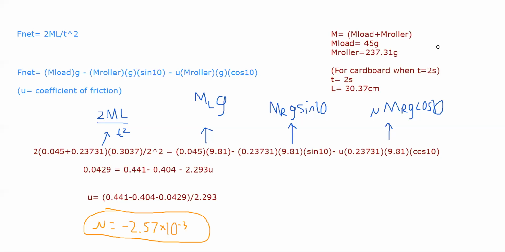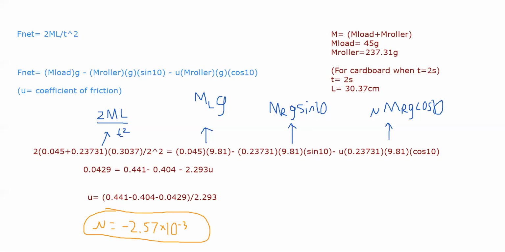Okay, so I just did all the calculations. By the way, it was 45 grams, not 44 grams. And you see what happens. We get a negative value, and the coefficient of friction is in fact very, very small, like 0.00257. So it's both a negative value and a very small value. I don't think this is an acceptable answer, especially when it's negative.